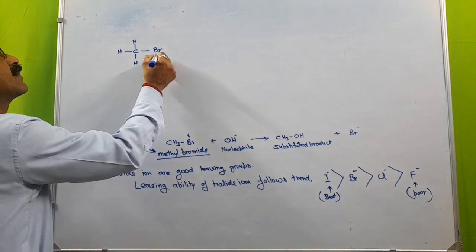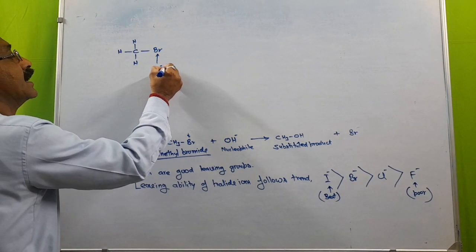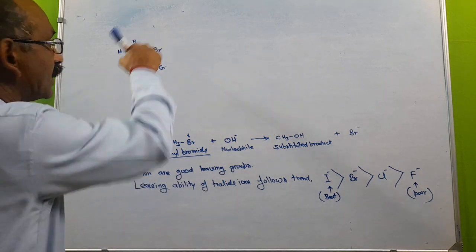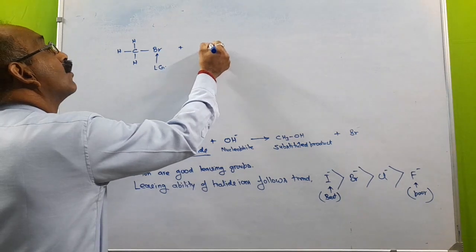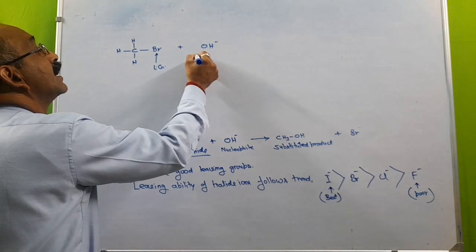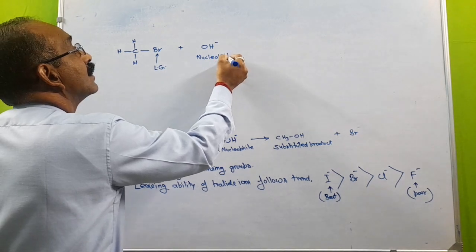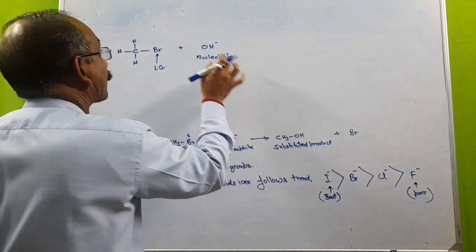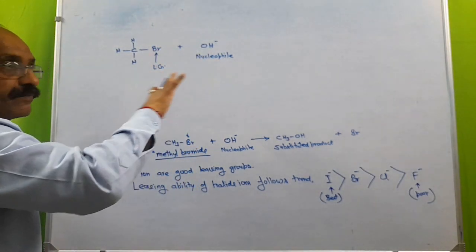In this substrate molecule, this Br group is our leaving group, meaning this group is to be replaced. Here the OH minus is a nucleophile, meaning this OH minus will replace the Br as Br minus.